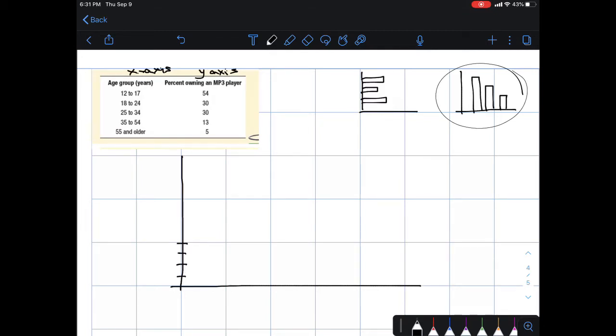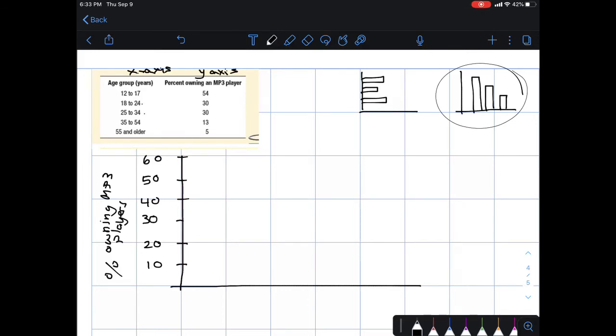All right, so I'm thinking maybe 10, 20, 30. That's too much. It's too close together and it's driving me crazy. So maybe like this: 10, 20, 30, 40, 50, 60. Perfect. And so this is the percent owning MP3 players. So that's what you're going to write here on the side: percent owning MP3 players.